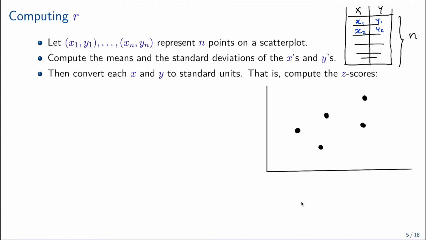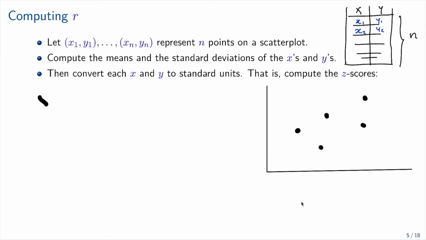Now, the next step is to compute the standard deviations and the means of x and y. So remember the definition of mean. The mean of x is equal to the sum of xi divided by n, and the mean of y is the sum of yi divided by n.